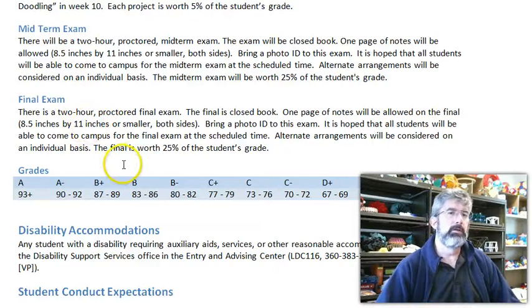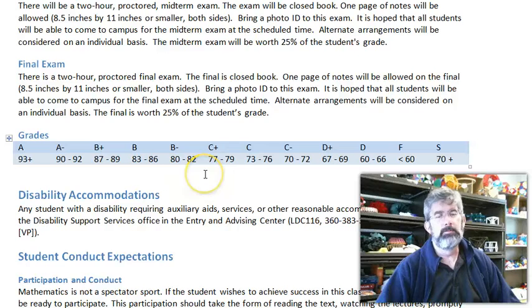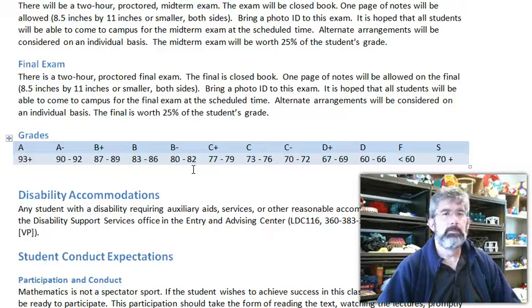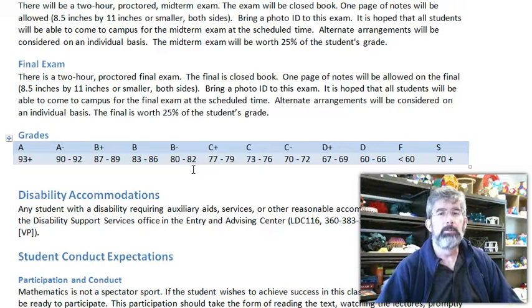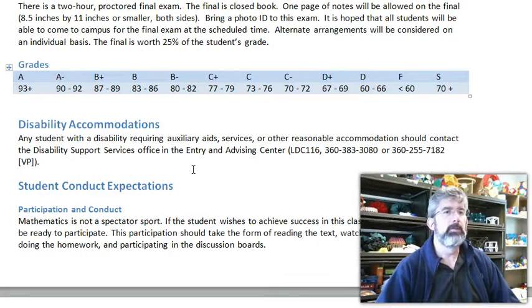Then I'll assign grades based on, basically, 90, 80, 70, ABC kind of thing at the end of the quarter. Your grades will be visible through WAMAP in the gradebook as they come in, so you can keep track for yourself.